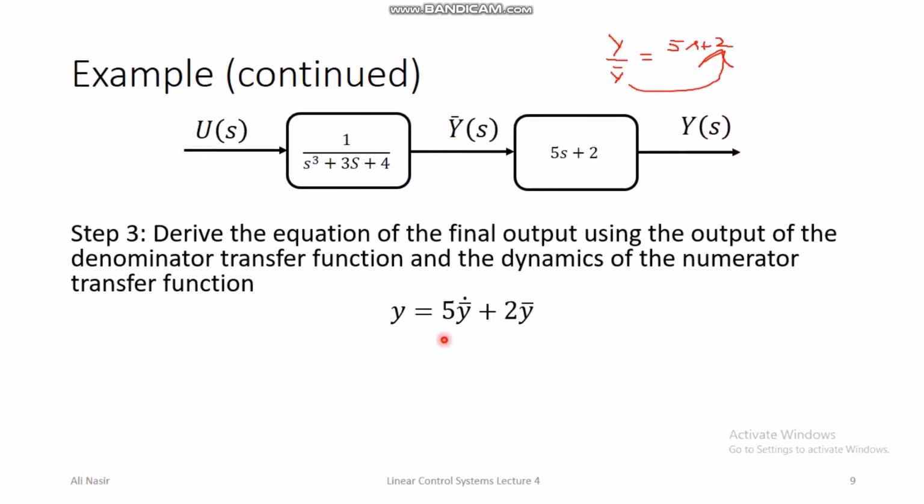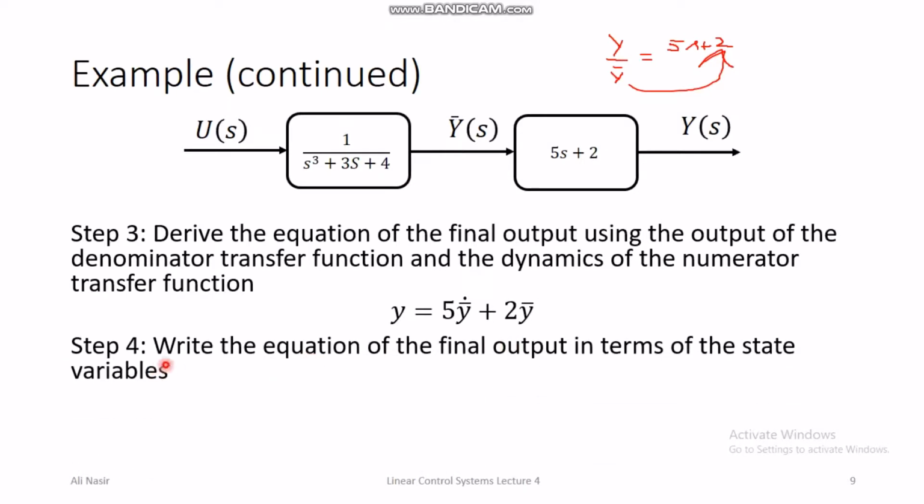So then we write the equation of the final output in terms of the state variables. Remember that this y bar is x1 and y bar dot is x2. So y is actually equal to 5 times x2 plus 2 times x1. So this was the additional information that we need to obtain, for which we just break down this system so that we can use the previous example method for this part, and just simple algebra plus Laplace transform for this part.